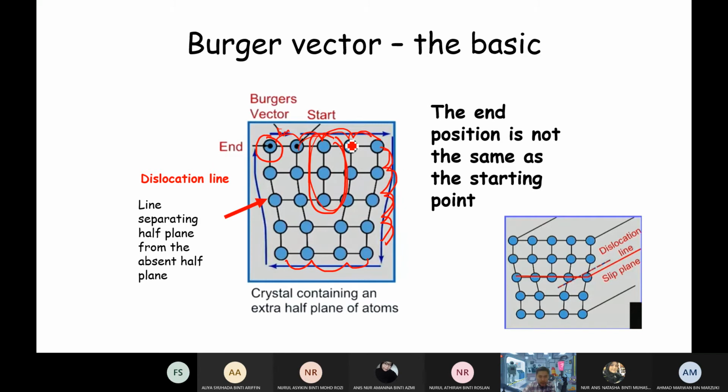The end position is not the same as the starting point. So the extra distance here is what we call the Burgers vector.